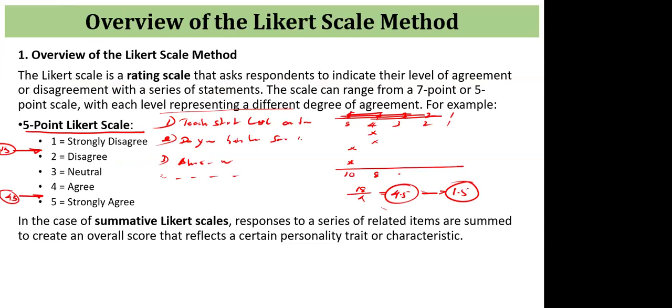Excuse me, sir. Yeah, tell me. Regarding this Likert scale, when the answer comes as 4.5, as per your example, how can we state it? 4.5 means it's not even agree, it's not even strongly agree. We are in the middle. So how can we state that one?